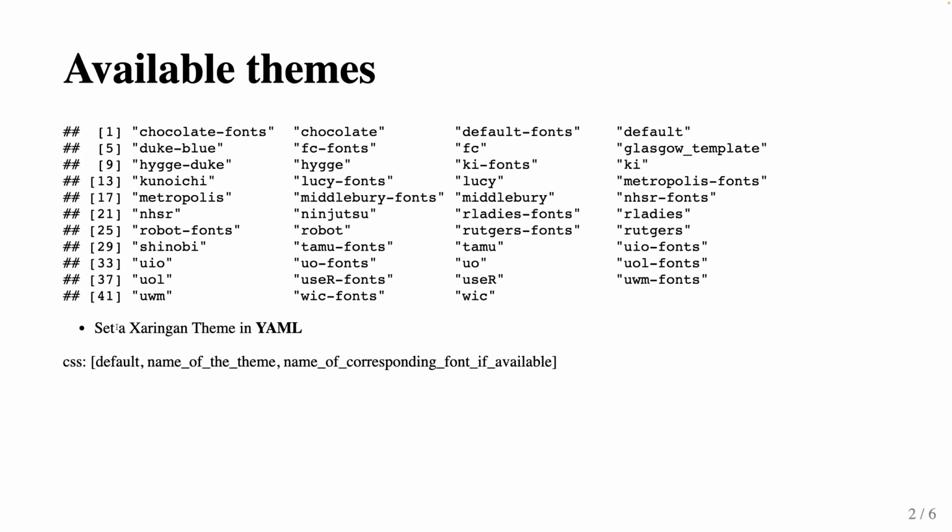And people might wonder, how do we change the theme? It's actually in the YAML of your R Markdown script, which is at the beginning of your R script. You have to set up a bunch of features. For example, one of the features that's relevant here is the CSS.